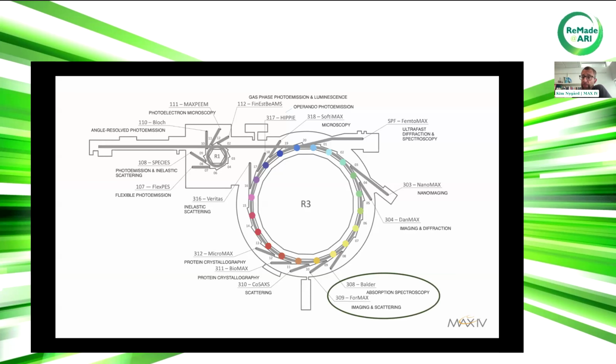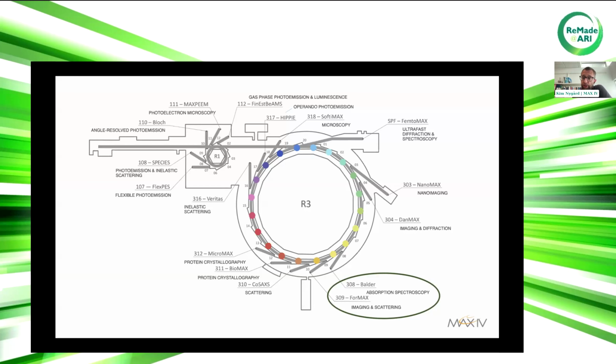Now, 2 of our instruments are part of the remade project. We have Balder, which is an X-ray absorption spectroscopy instrument, where you can look at chemistry, local coordination, local electronic structure, oxidation states, valencies, things like this.